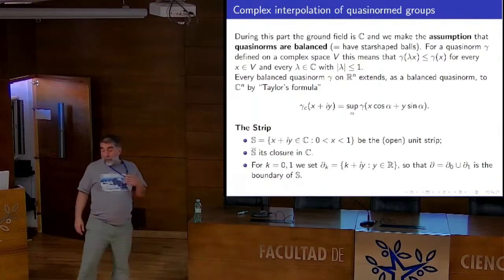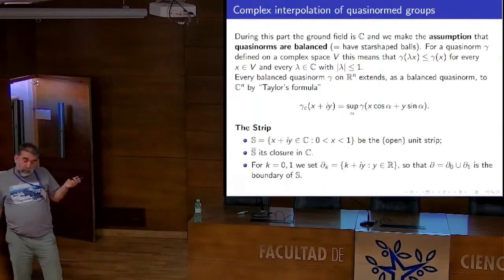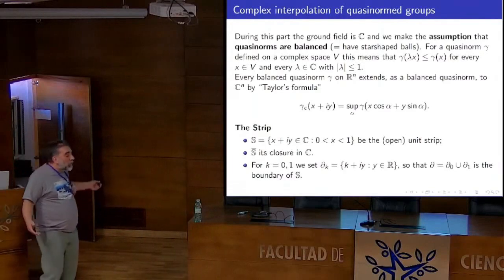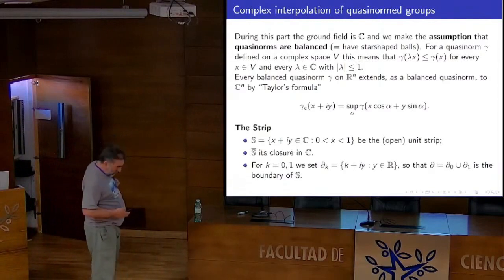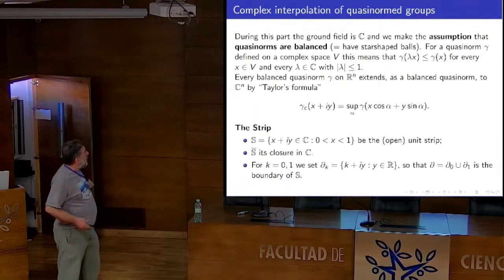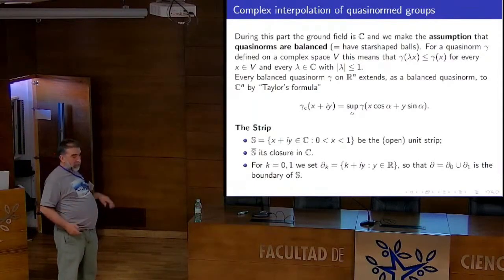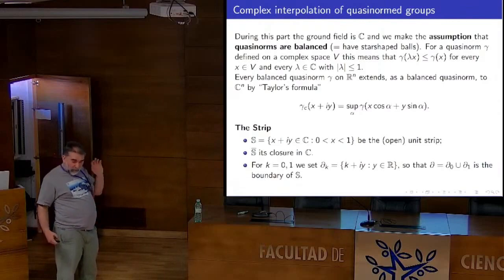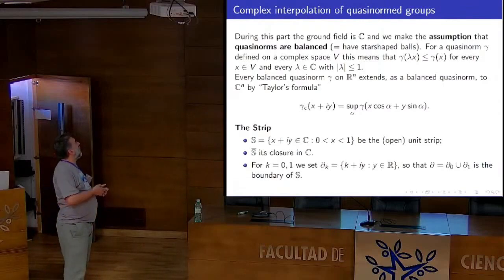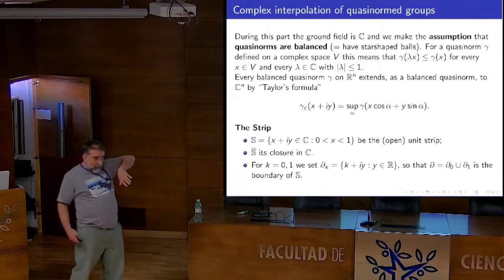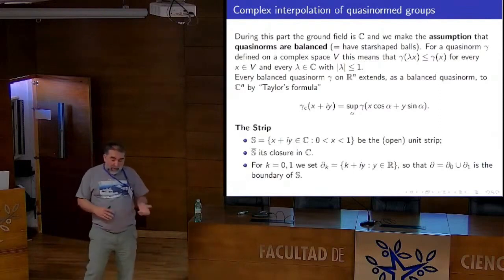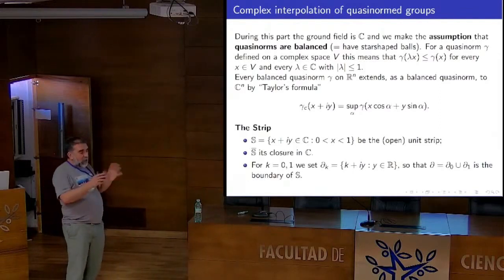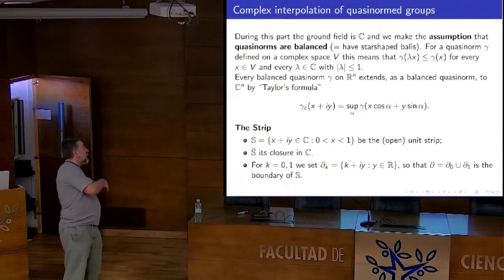First, we have to move to complex scalars because complex interpolation theory works with analytic functions, and so we take only complex spaces, but finite dimensional complex spaces. You should think about finite dimensional objects. And we make an additional assumption that our quasi-norms are balanced. That means that they have star-like balls. Of course, this is different in the real case than in the complex case.